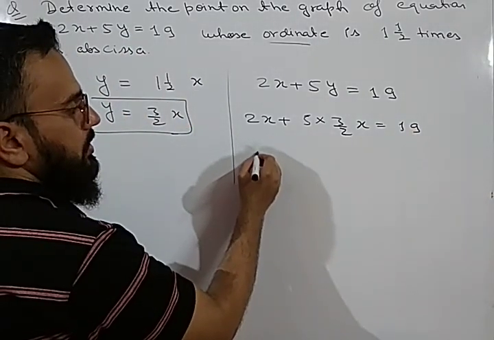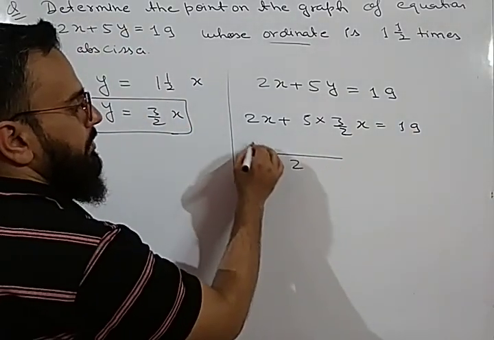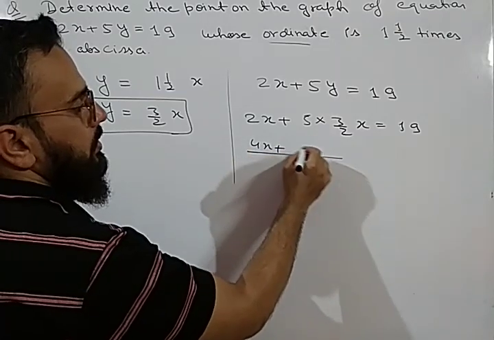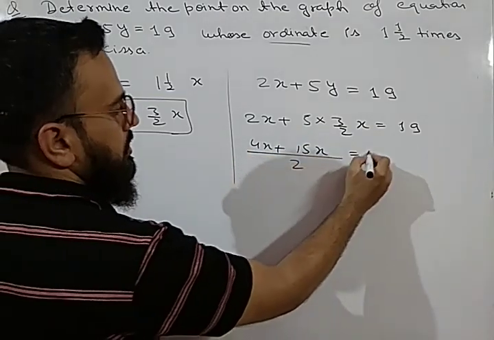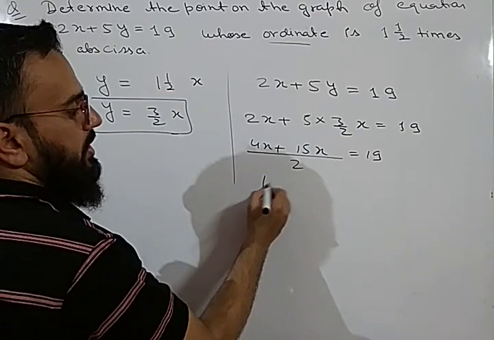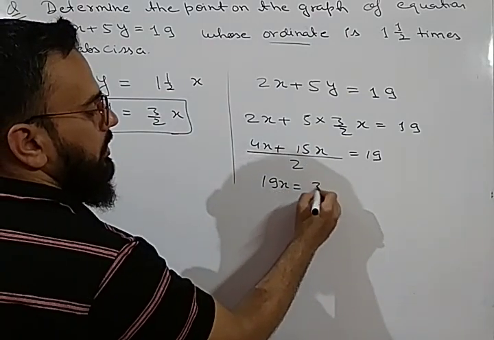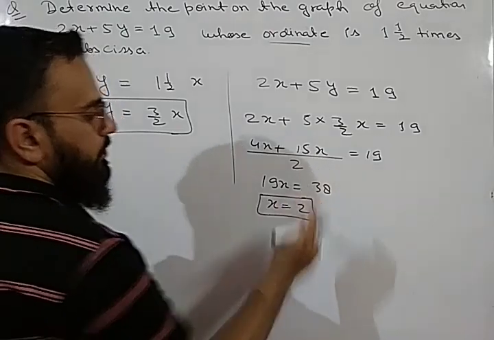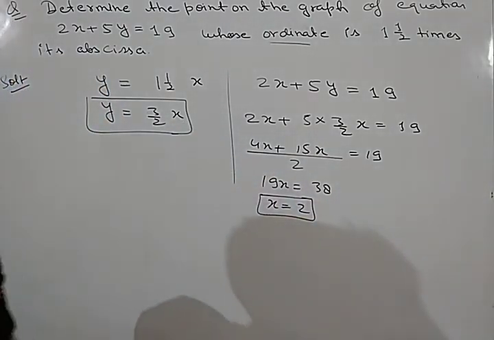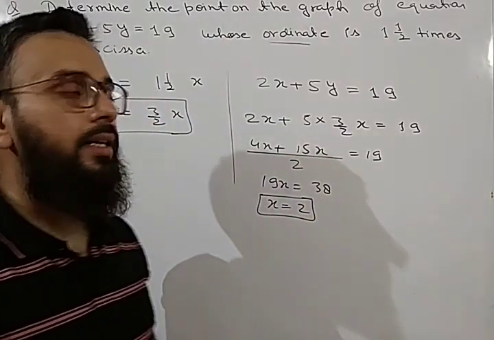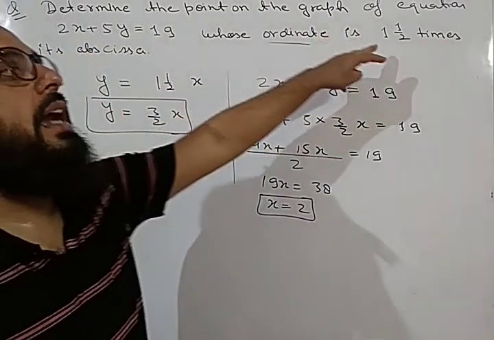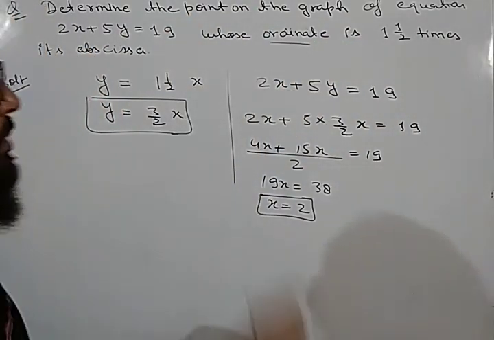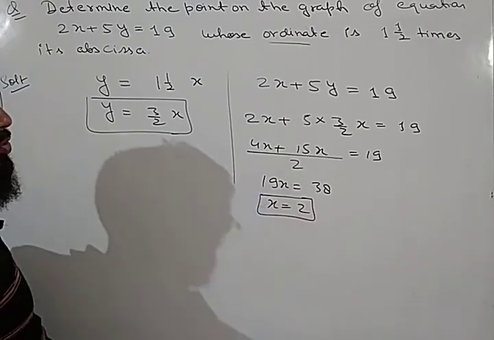Taking LCM, it will be 2. We will get 4x plus 15x is equal to 38, so 19x is equal to 38, or the value of x will be equal to 2. So x is equal to 2 we have got.